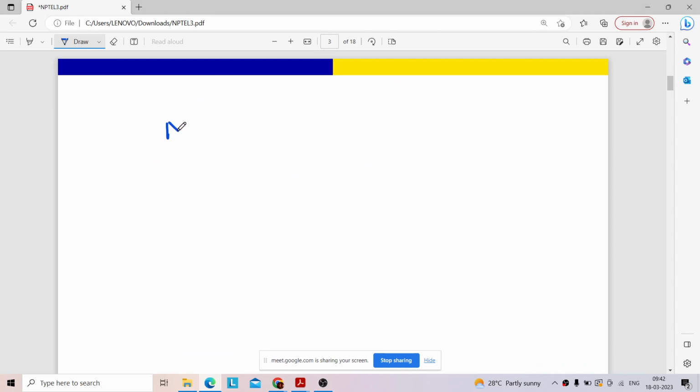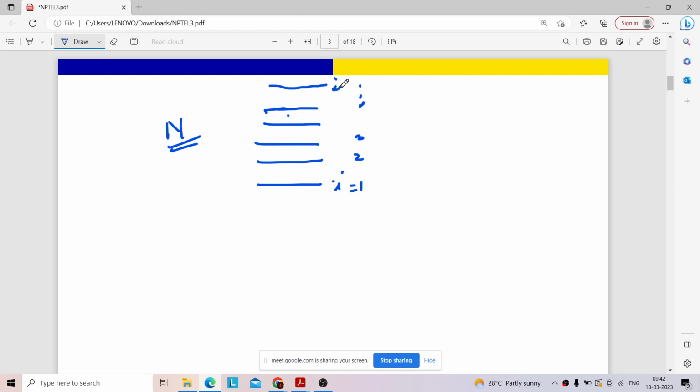Let's assume we have a total number of particles, capital N, and some energy levels, with i going from 1, 2, 3, and so on, up to the ith state.